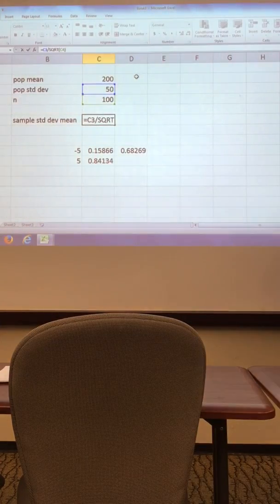So, +5, -5, depending on what the metric is. For this, 100 seems like a pretty decent sample size to measure this, given the variation.